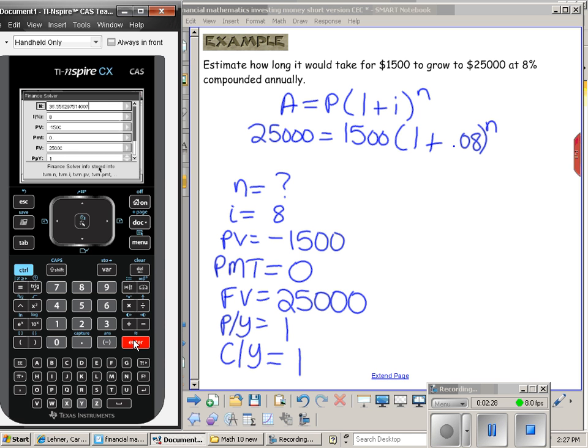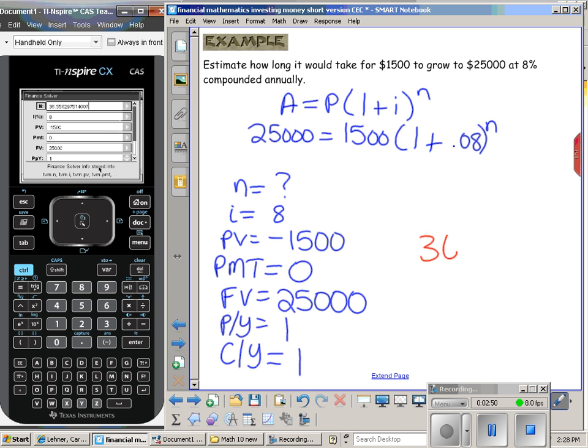And as you can see, it's going to take about 36.6 years. So if you wanted $1,500 to grow to $25,000, and you were only able to find an investment for 8% compounded annually, you would need to leave it for almost 37 years.